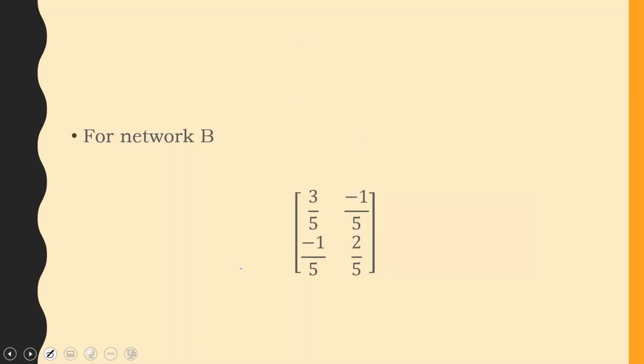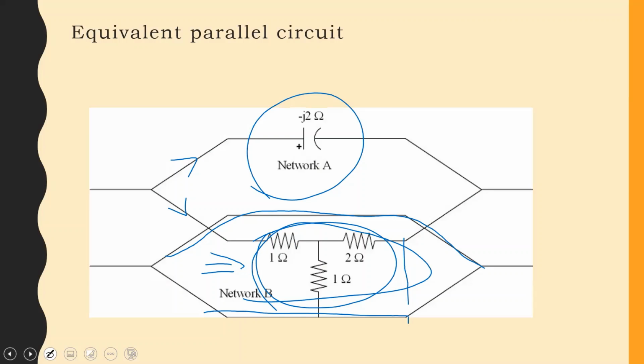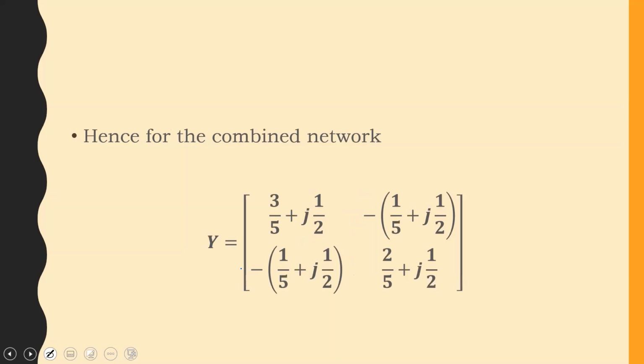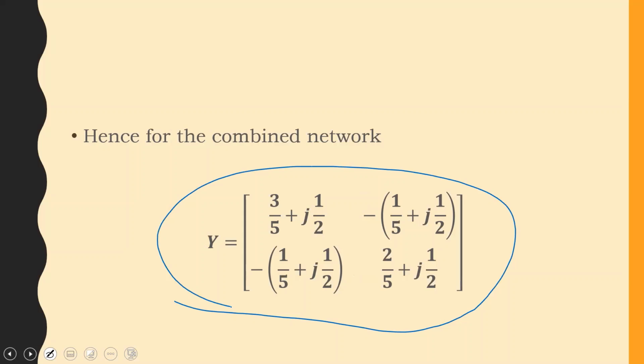Okay, so based on the fact that we connected them in parallel, it means that we now simply add the two. And so for the combined network, that's the admittance parameters.